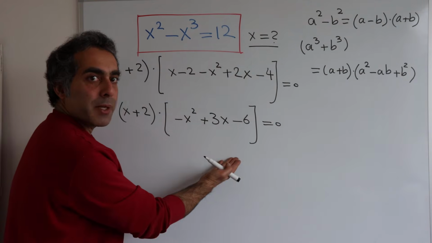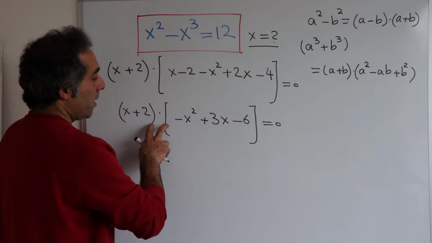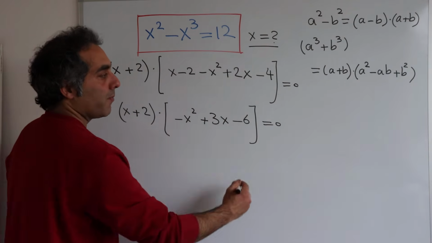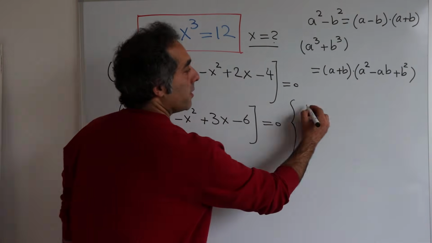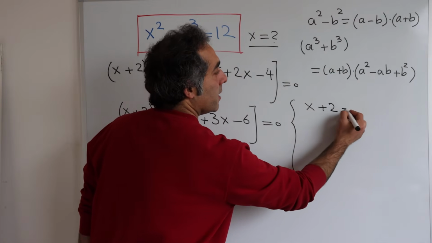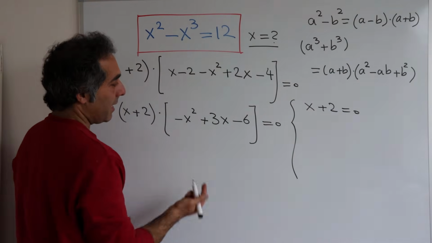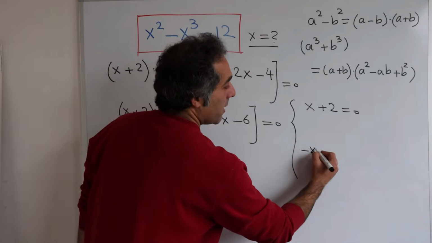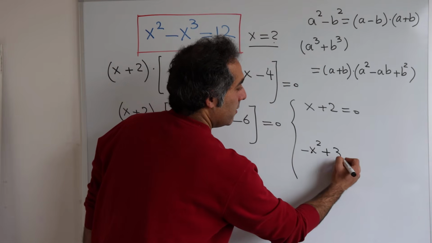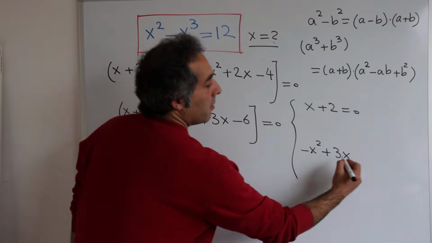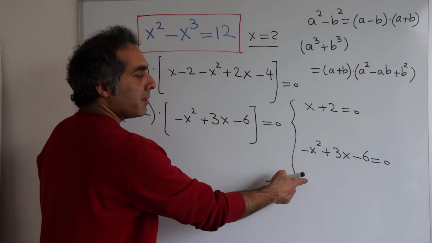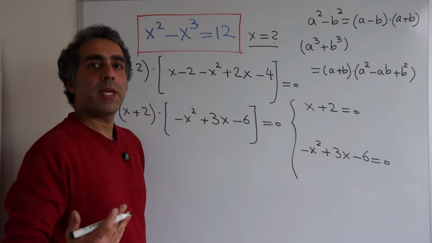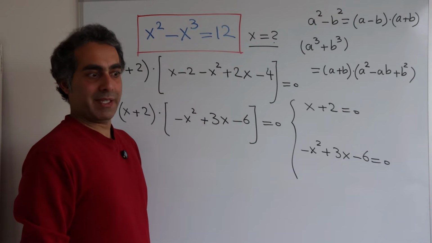So two expressions multiplied by each other give 0. So either this expression is 0 or the second one, minus x squared plus 3x minus 6, is 0. From both expressions here we can find out the value of x.